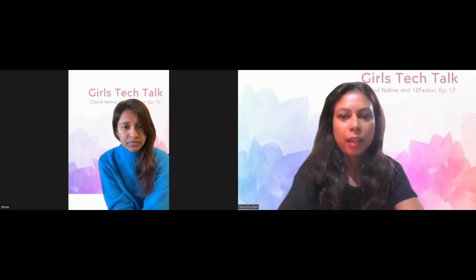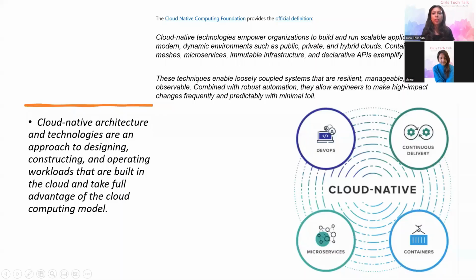So I'll just share my screen, and maybe we'll first give you the Microsoft definition of cloud native. What Microsoft says is cloud native architecture and technologies are basically a way of designing your application where all your workloads are fully managed by cloud, whether it's Azure, AWS, Google Cloud, or any private cloud.